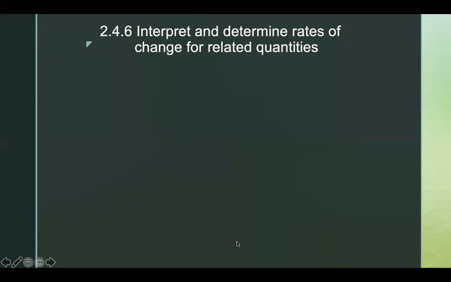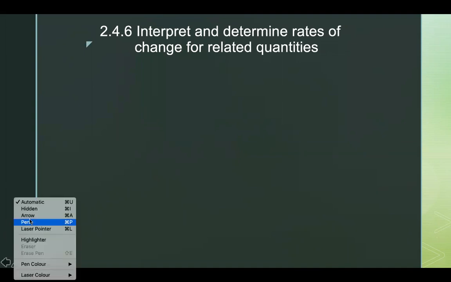Okay, so today we're going to learn to interpret and determine the rates of change for related quantities. You already learned two applications. One is the normal and gradient of a function. Let's recap.